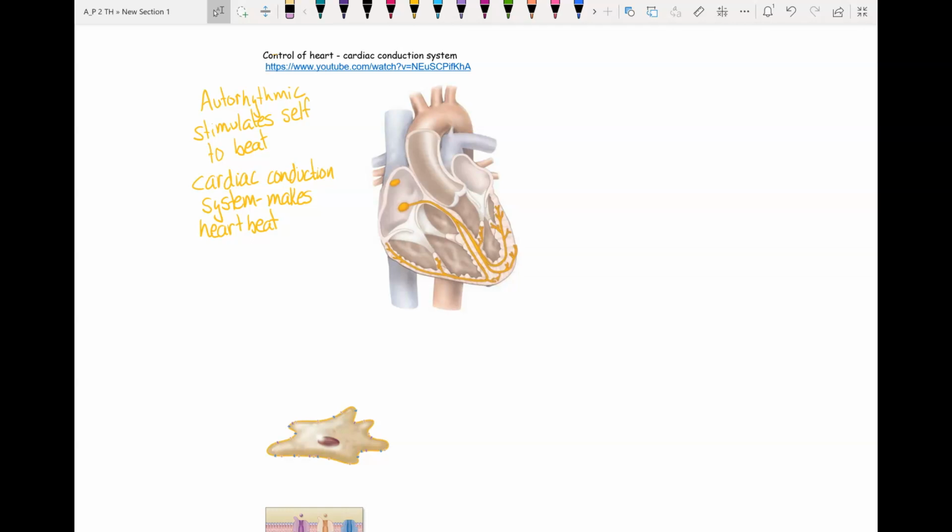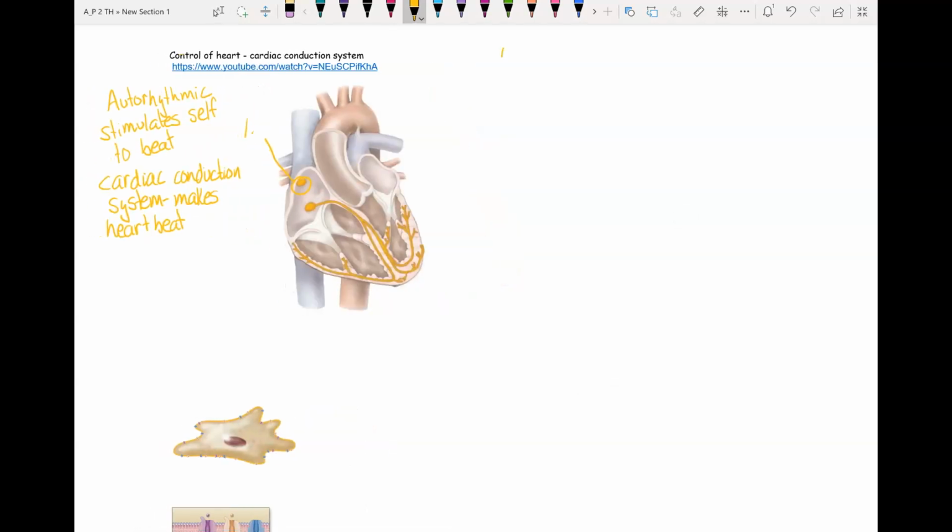So let's look at the parts of the cardiac conduction system. We start right here. This dot in the top of the right atrium is number 1. This is the sinoatrial node, and it's called the SA node for short.